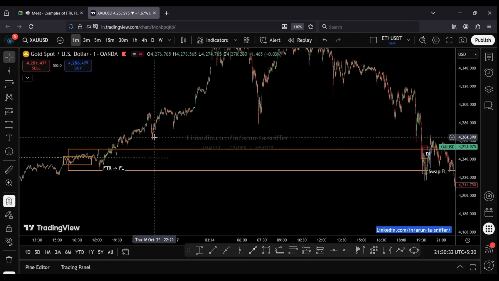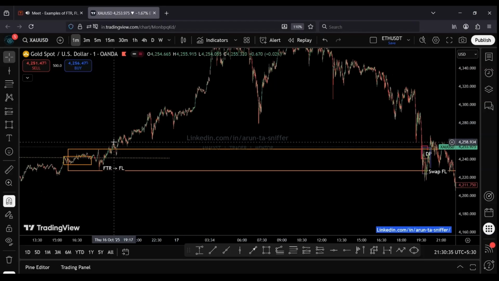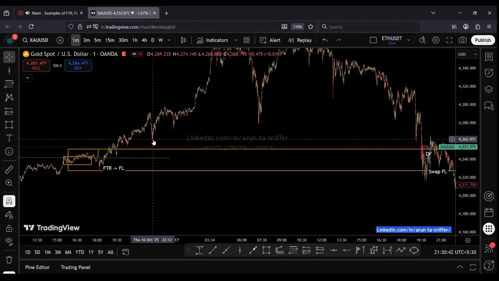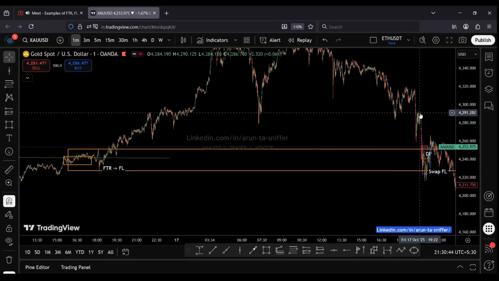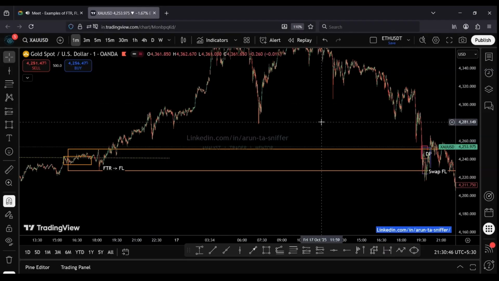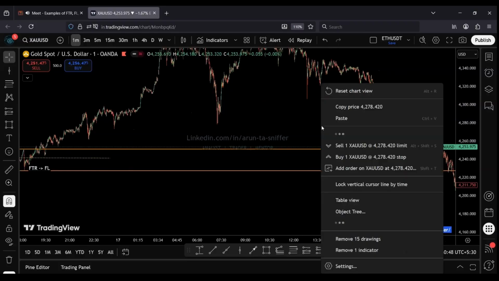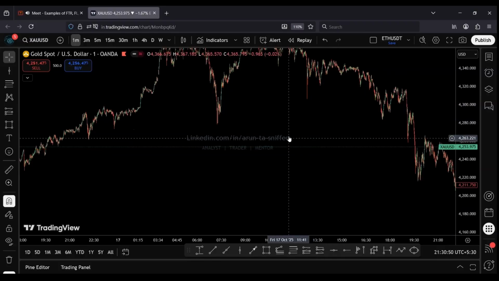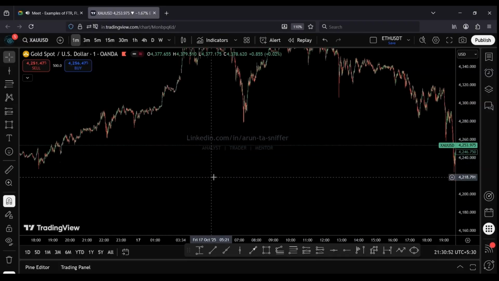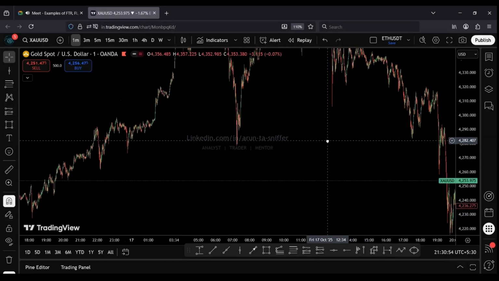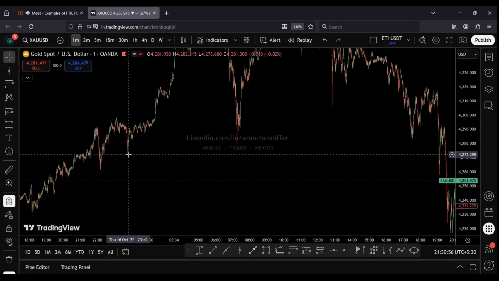Look at this one. If we cross this, this will become our FTR. Price goes up, came down, and this was our DP here, right? So we will delete this, and so this is like FL on top of each other.